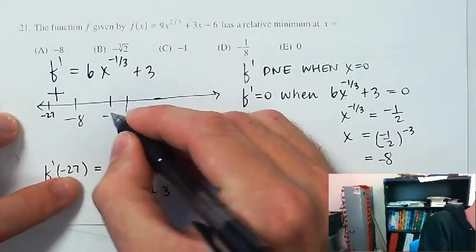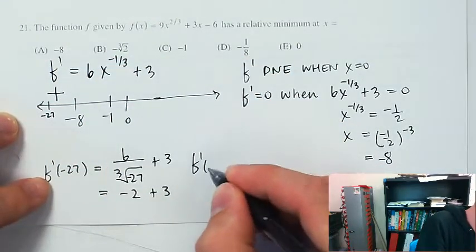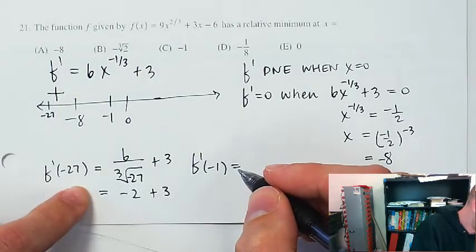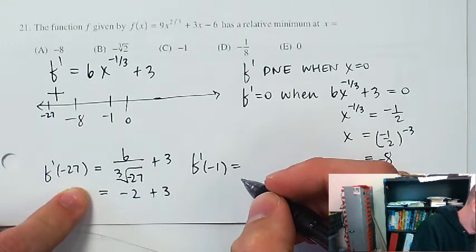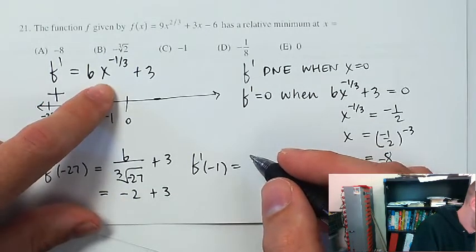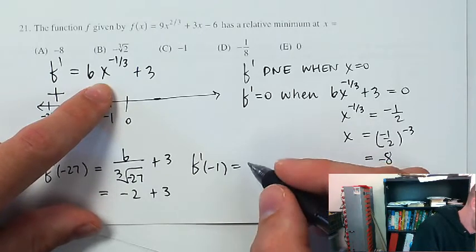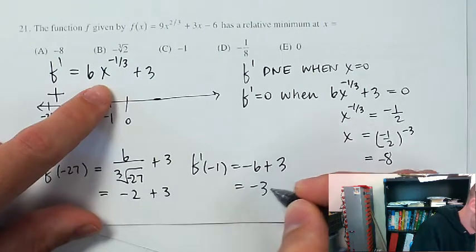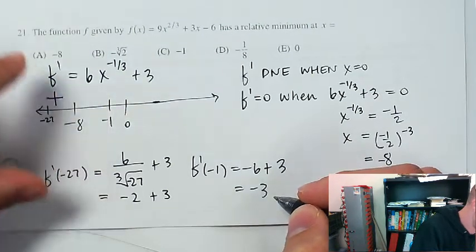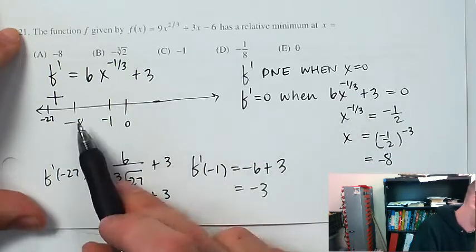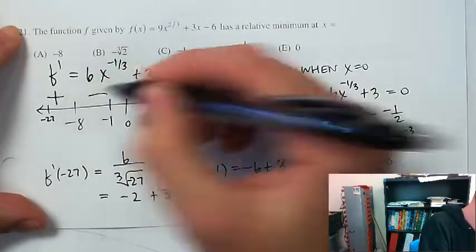Then somewhere here, like maybe, I don't know, negative 1. And f prime of -1. Okay, well, that's going to be -6 plus 3 is going to be -3. And so that would be negative.